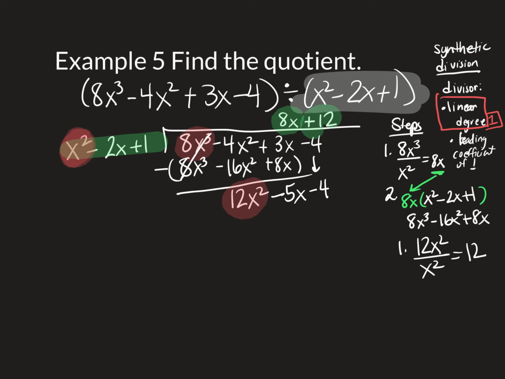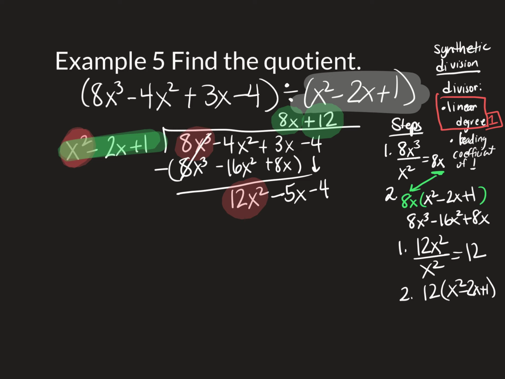Multiply positive 12 times the divisor. I'll do that over here. Positive 12 times x squared minus 2x plus 1. Distribute your 12 and put your answer under its like terms in the problem.